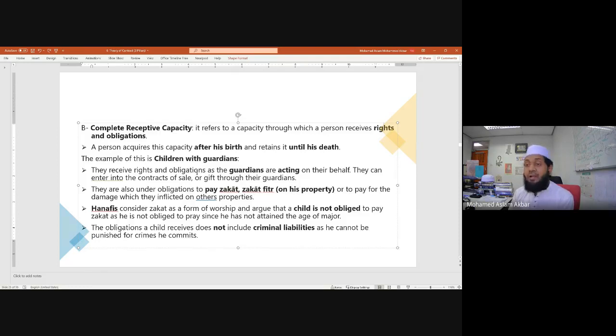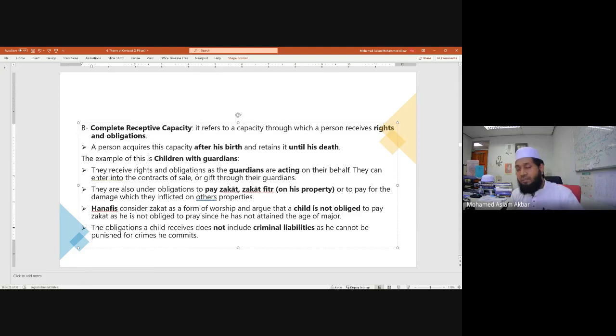But according to the Hanafi, it is a different way. The Hanafi consider zakat a form of worship, and they argue that a child is not obliged to pay zakat, just as he is not obliged to pray, since he has not attained the age of majority. All of you know that we have to start praying salat and start fasting, siyam, only after a certain age, only after we attain the age of majority, what we call baligh.